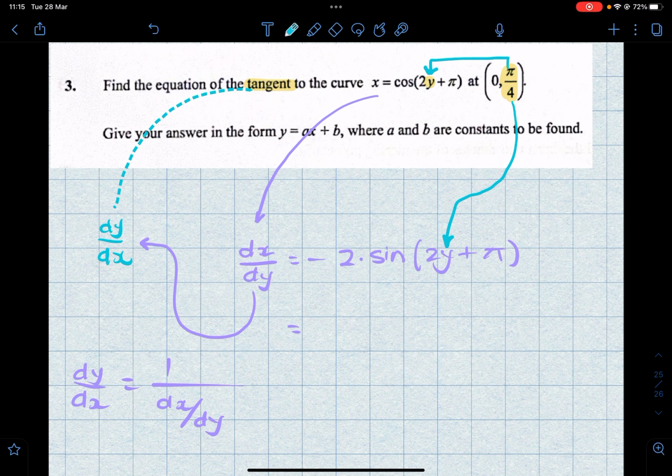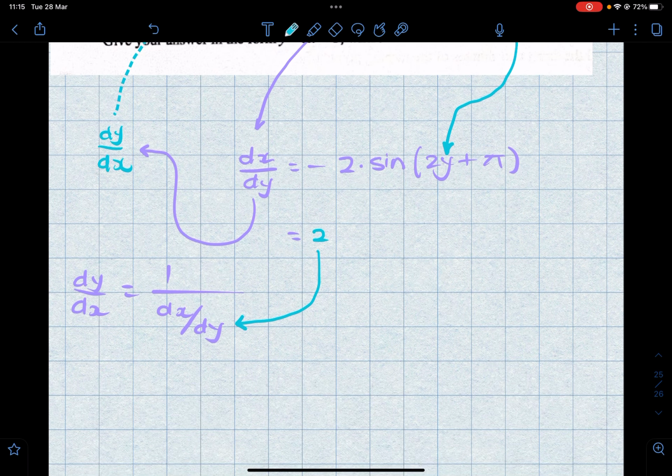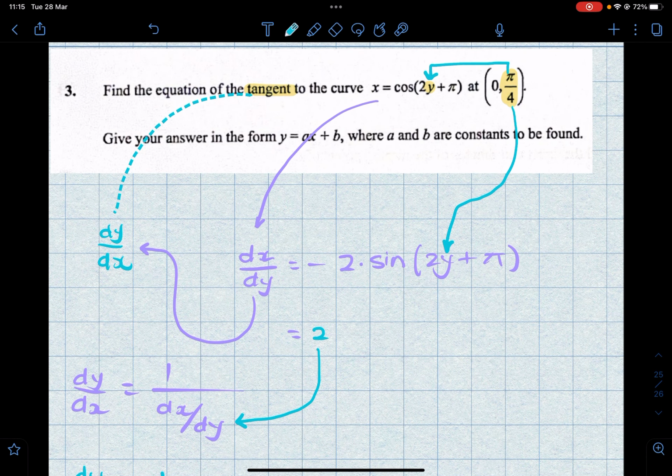So you sine 3 over 2 pi, multiplied by minus 2, you get 2. So dx by dy is 2. So dy by dx will be 1 over 2. And that will be the gradient of the tangent.